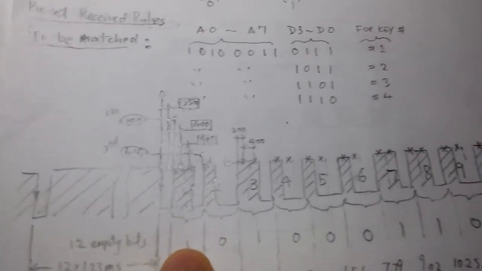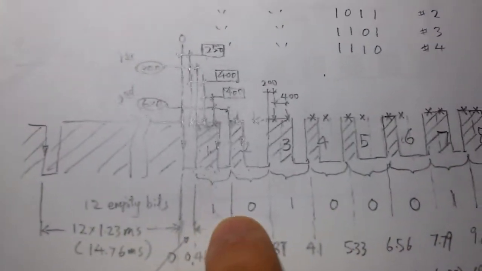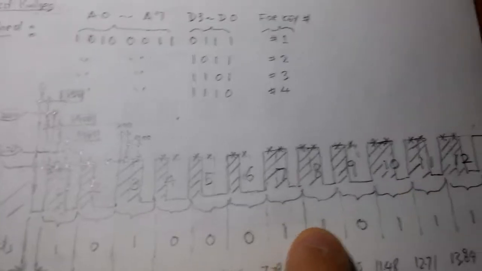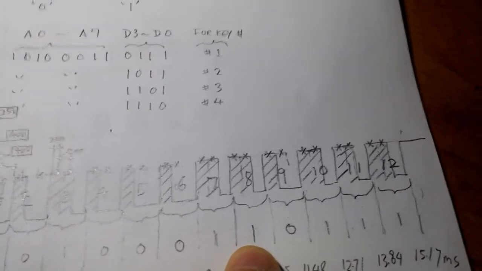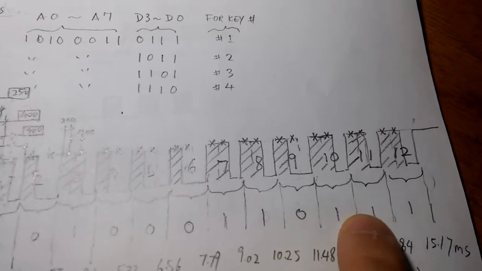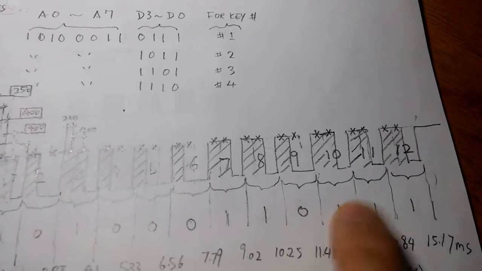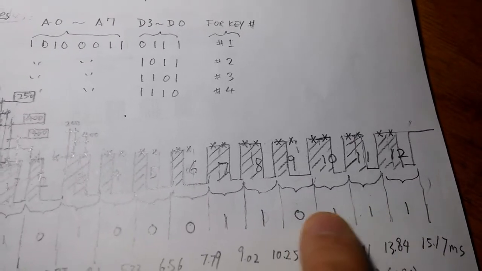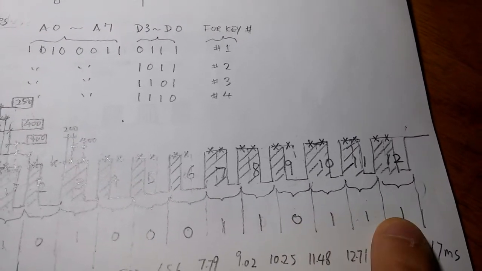And for this transmitter, this is 10100011, and the last 4 bits are the data bits for recording the 4 key switches.